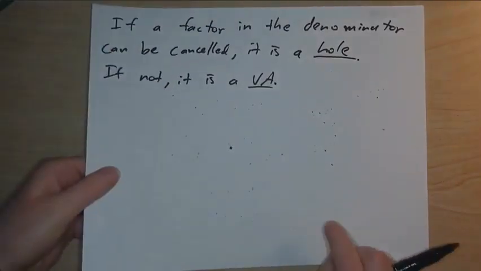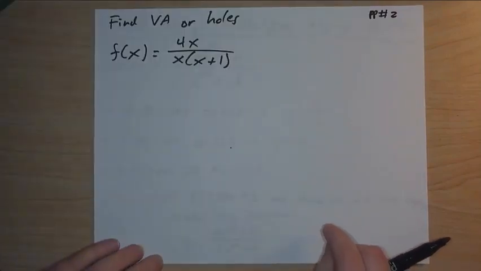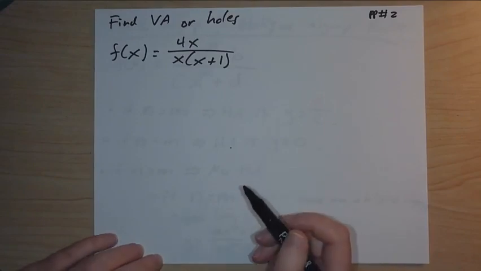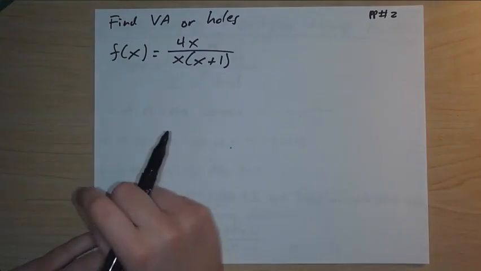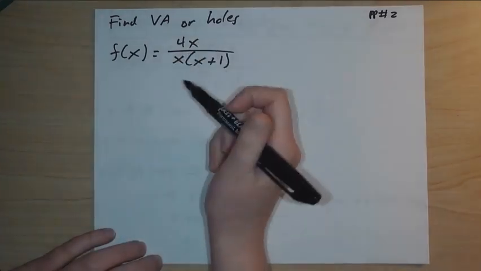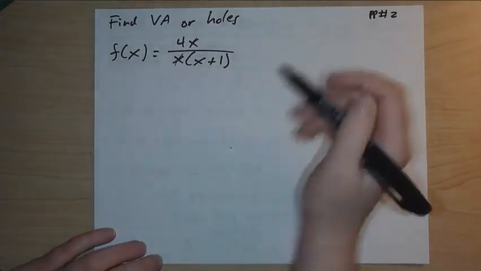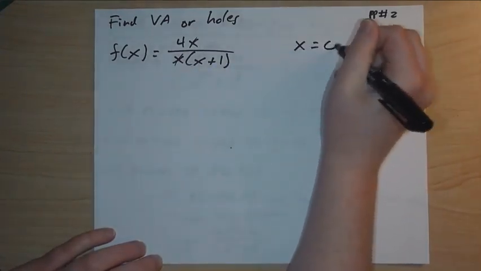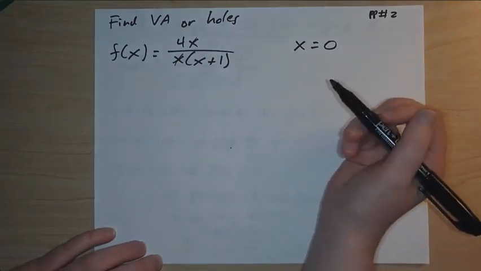So we can see this in another example. Here we have 4x divided by x times x plus 1. So we see that one thing can be canceled, that's x. So x can be canceled, so we have a hole, and if we set that equal to 0, it's just x equals 0, which means we have a hole at x equals 0.